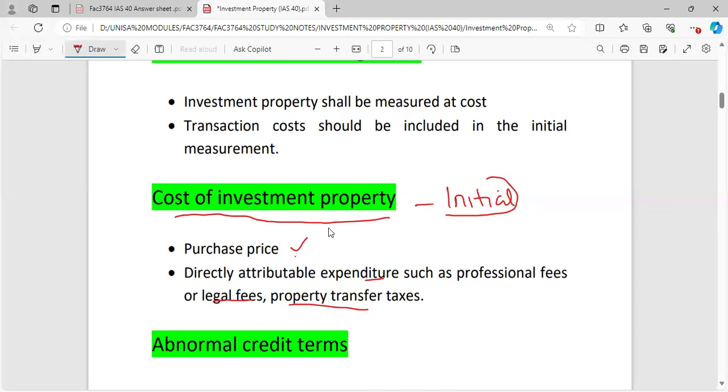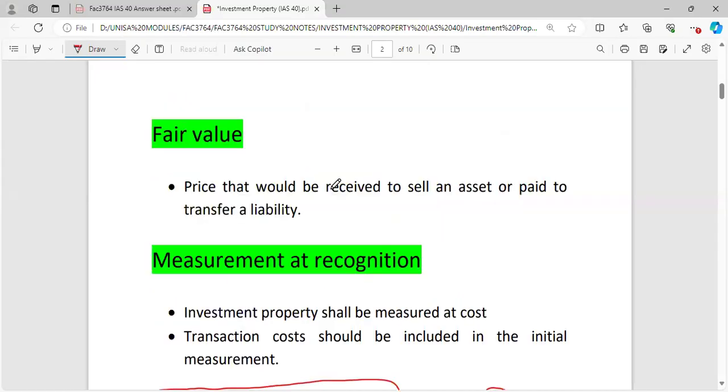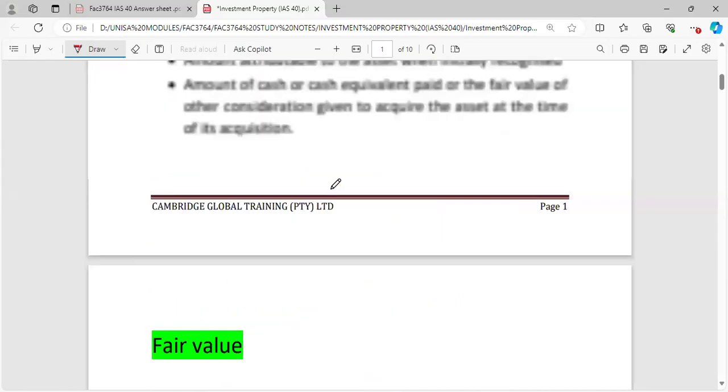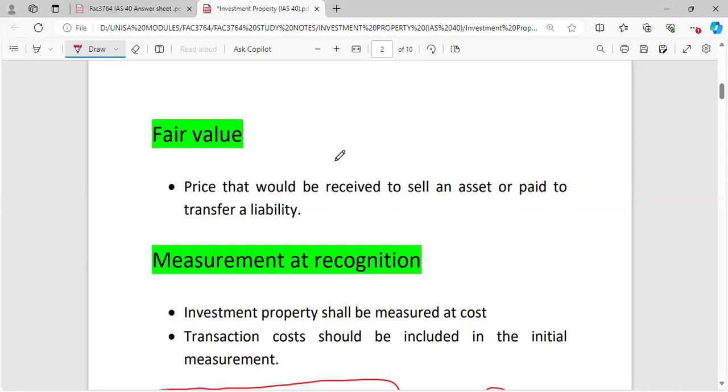So don't forget, always when they provide you with the purchase price, also look for anything that can increase the cost of the investment property. That's what you are going to record in your books of accounts, right? Then fair value, I think we did it when we were doing PPE.